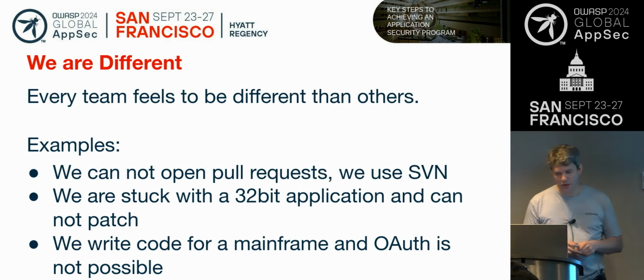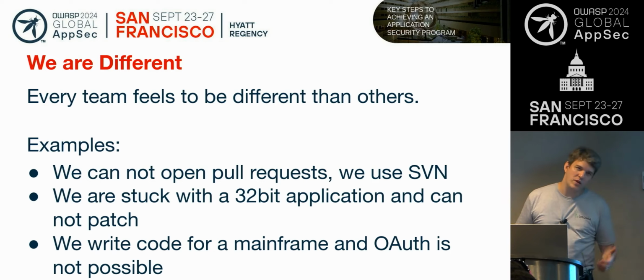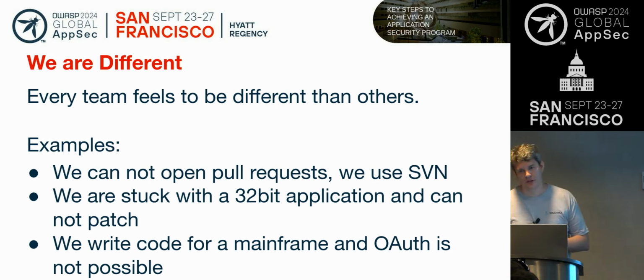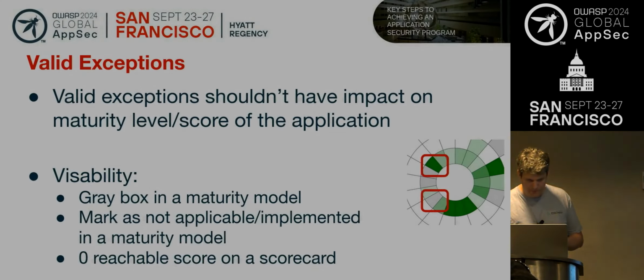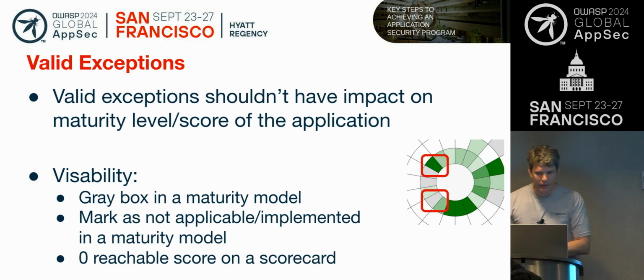And another one is we write code for a mainframe, and OWASP is not possible. So now you need to think, what is acceptable for you as an excuse and what not? The 32-bit application, I would say, could be acceptable, but they have to put an isolation layer around it, and that can be patched actually.